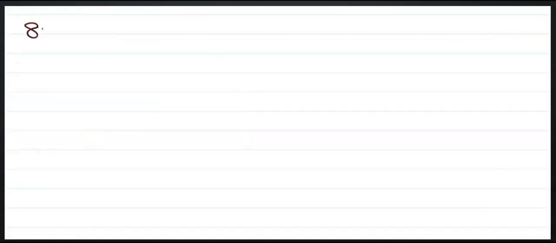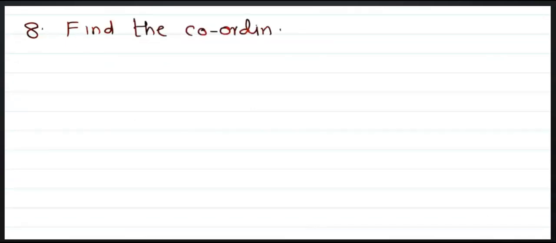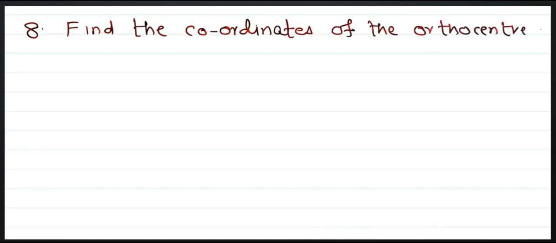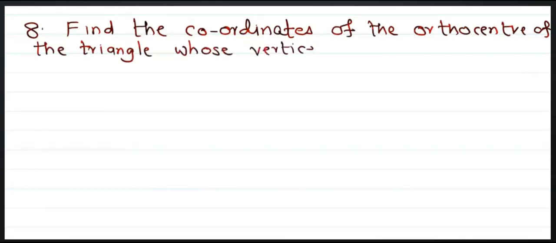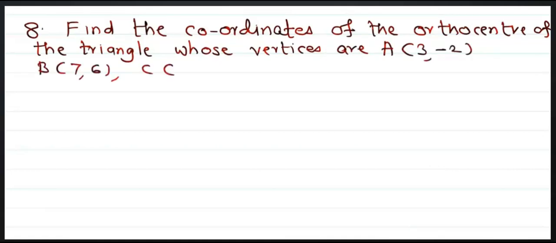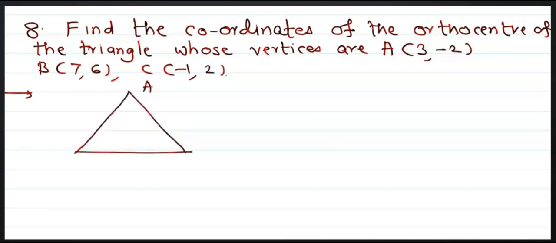Now the next is question number 8. Find the coordinates of the orthocenter of the triangle whose vertices are A (3, -2), B (7, 6), C (-1, 2). Now see this here.